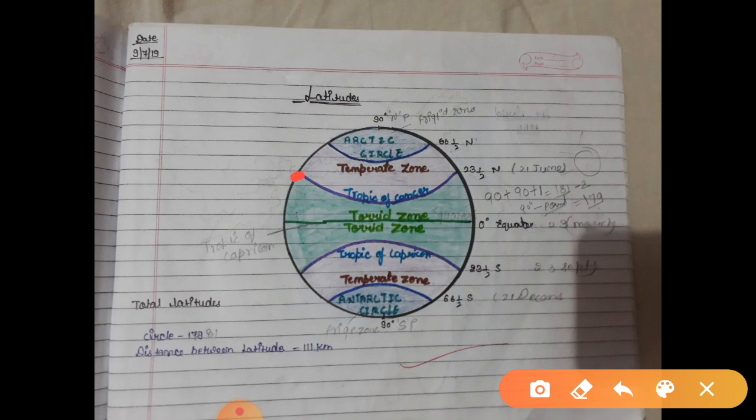The zone from the Tropic of Cancer, 23.5 degree north, to the Tropic of Capricorn, 23.5 degree south, is the torrid zone. Then from the Tropic of Cancer, 23.5 degree north, to the Arctic Circle, 66.5 degree north, and from the Tropic of Capricorn, 23.5 degree south, to the Antarctic Circle, 66.5 degree south, in both these hemispheres, this is the temperate zone.